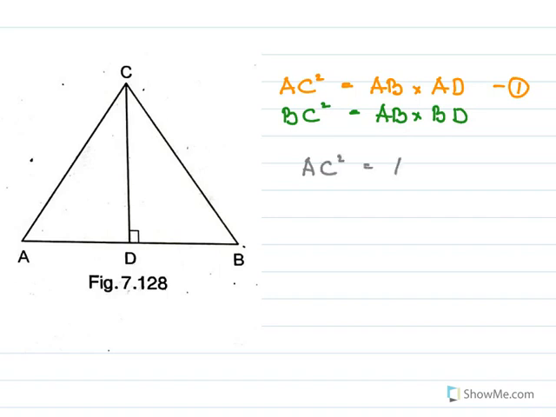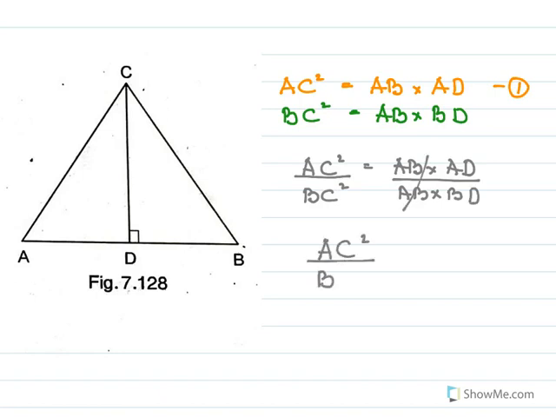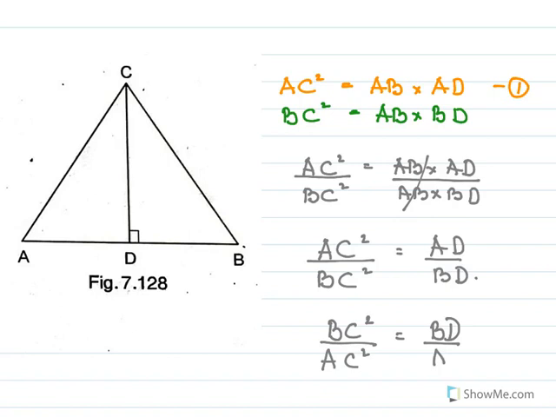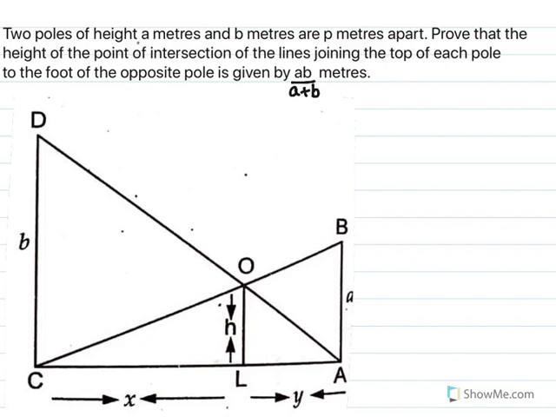So you have AC square equal to AB into AD over BC square is AB into BD. This cancels. AC square over BC square equal to AD over BD. Or you can take reciprocal, BC square over AC square equals BD over AD. Proved.